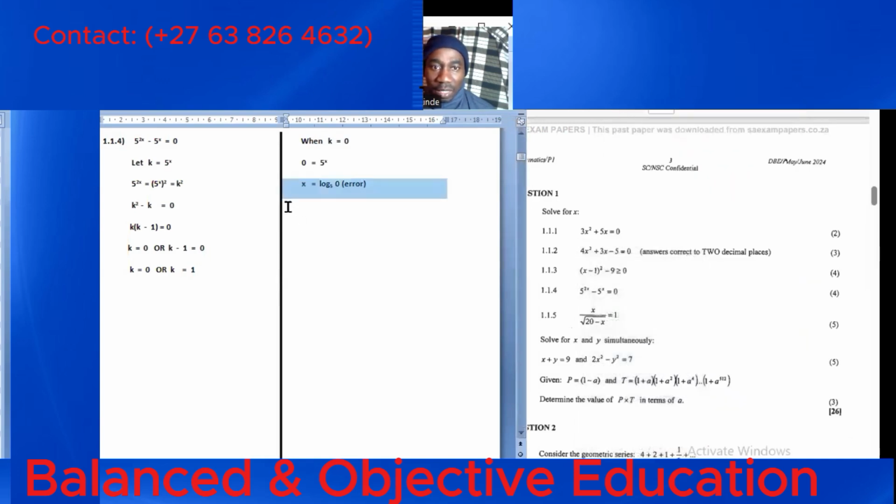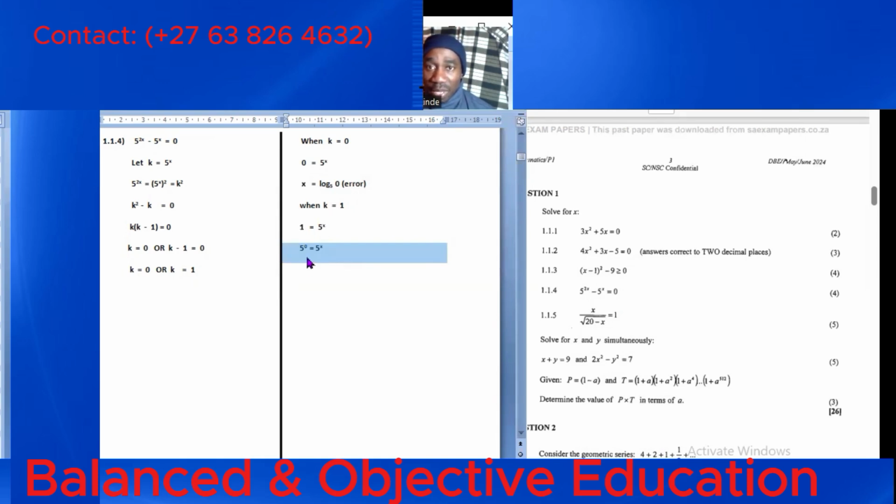Now, let's look at the situation when k equals 1. When k equals 1, then we can set 1 equals 5 exponent x, just like this from this point, right? Remember, any number raised to the power of 0 is 1. The only exception there is 0.